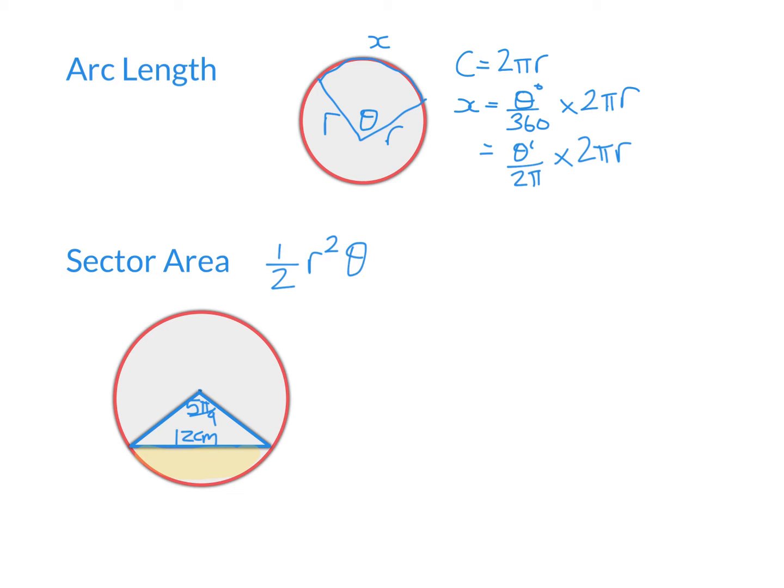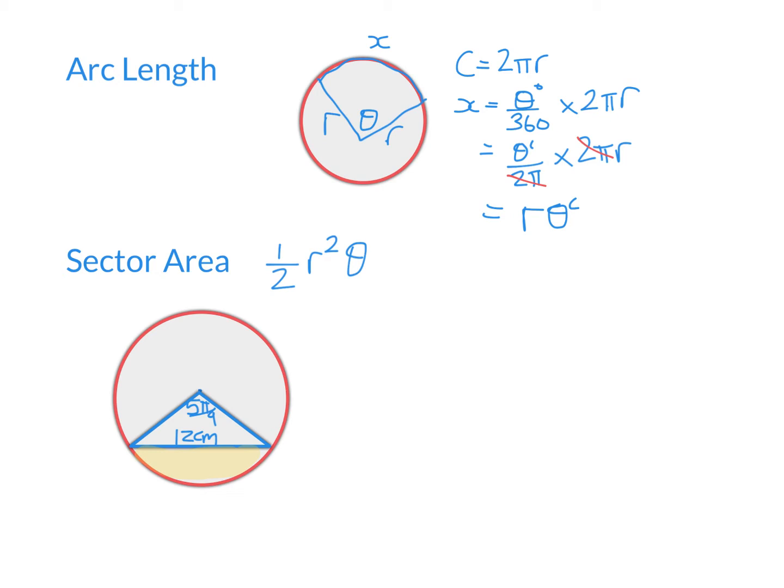However, 360 degrees is the same as 2 pi radians. So if I put the angle not in degrees but in radians, I have this formula here. So this makes it really simple because the 2 pi's can cancel each other out. So the arc length is just r, radius, times theta, where theta is in radians, which makes it really simple.